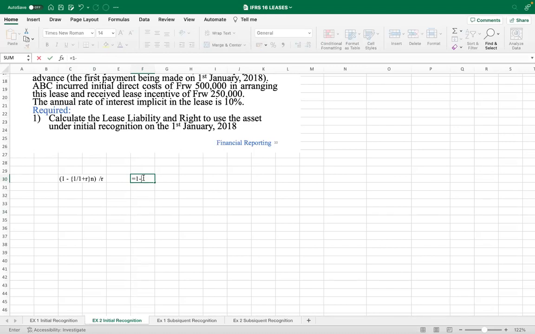Let me try repeating it again. 1 minus, I must be in a position to follow board maths. 1 minus into bracket 1 plus 0.1, that is 10%, raised to power 9. What do we get?